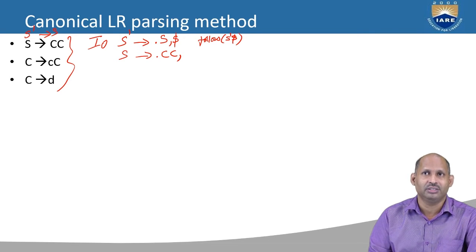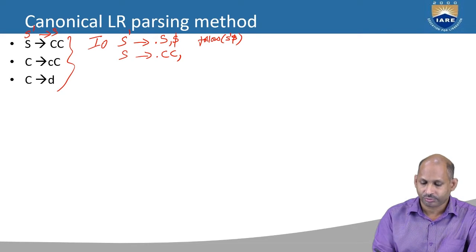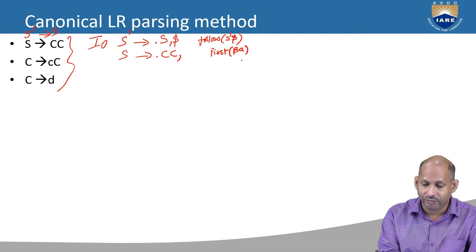The terminal symbols will be first of beta A, where beta is epsilon now and A is the dollar sign.